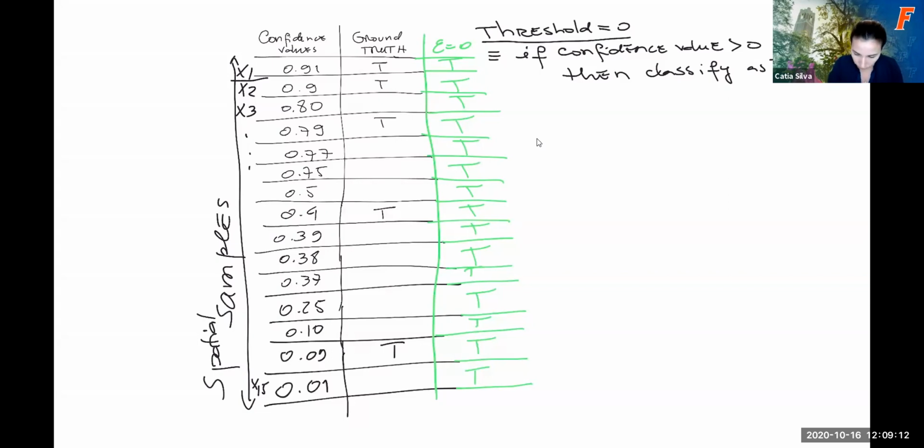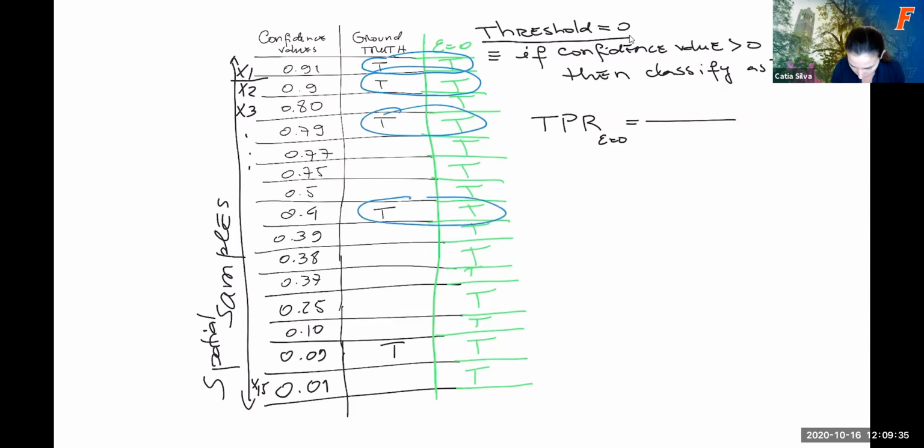Now let's compute the true positive rate for threshold equal to 0. We have the true positives, and how many do we have? We're going to correctly classify 1, 2, 3, 4, and 5. Those are the true positives.